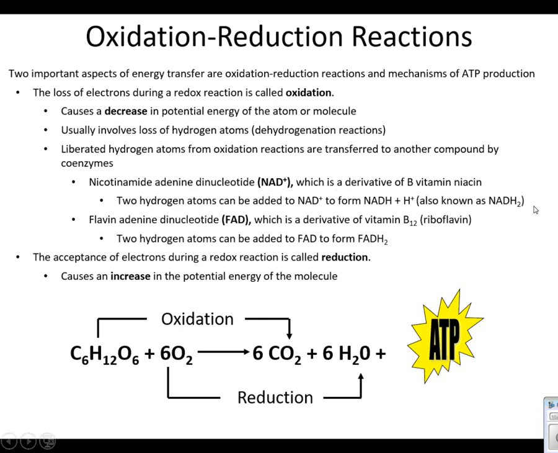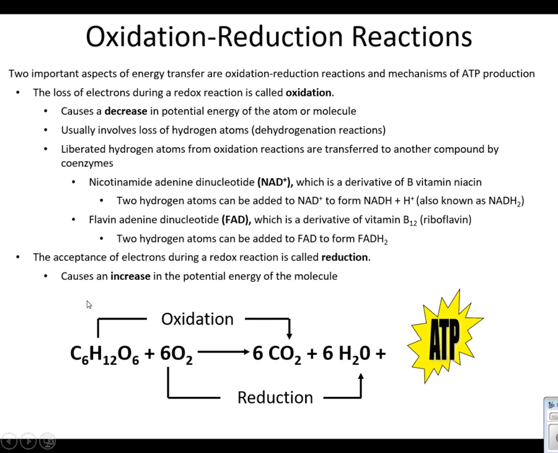And so certain molecules will accept electrons and those hydrogen atoms, and that process is called reduction. You can think of reduction like a reduced charge, because remember, if you're gaining electrons, you're gaining their negative charges. That's where the word reduction comes from, and this causes an increase in the potential energy of a molecule.